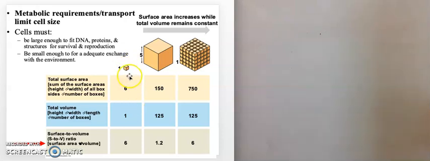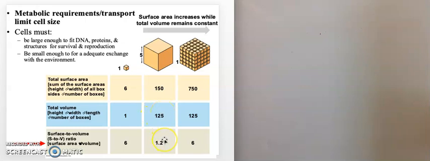So a small cell has a very large surface area compared to its volume. But if we make that cell bigger, let's say now it's 5 by 5 by 5 units, the surface area does go up, and the volume does go up, but the surface area is going up more slowly than the volume. So now we have 150 surface area units compared to 125 volume units.